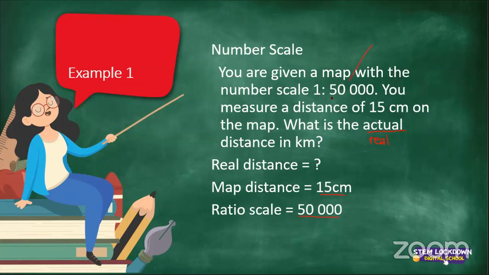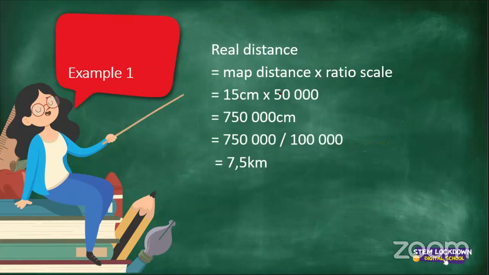So in this case, I'm multiplying by 50,000. So my answer will be, my formula first, real distance is equal to map distance times scale. My map distance, the distance which I've measured on the map is 15 centimeters times 50,000, right? So obviously I'm multiplying here centimeters. My answer will be in centimeters.